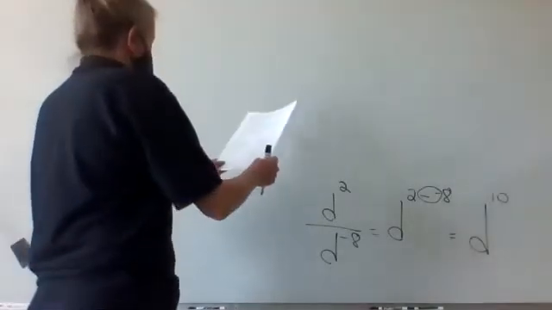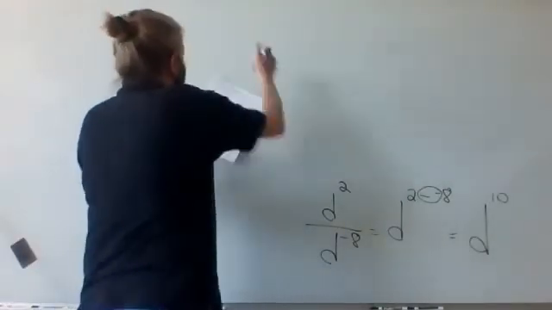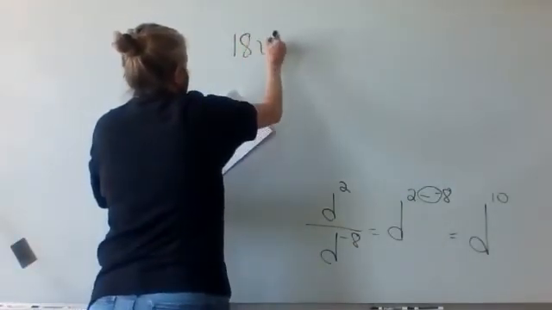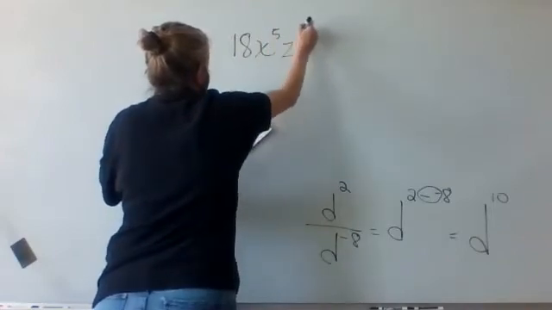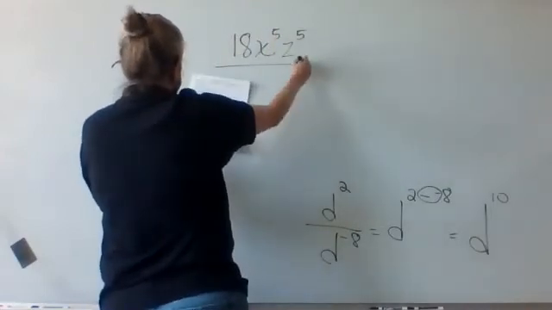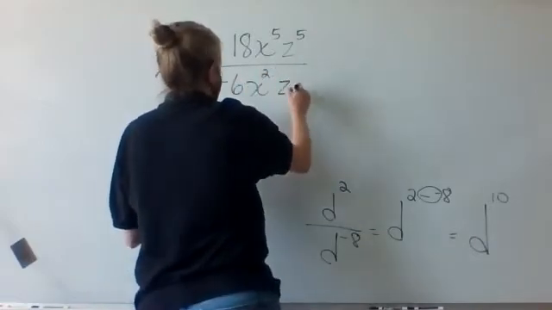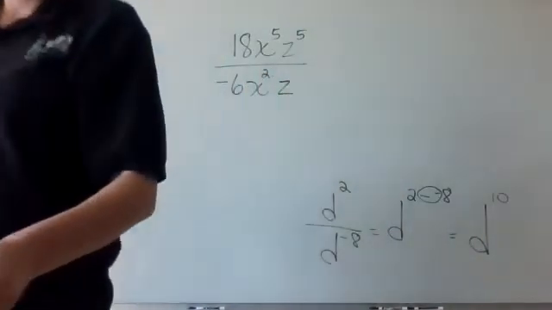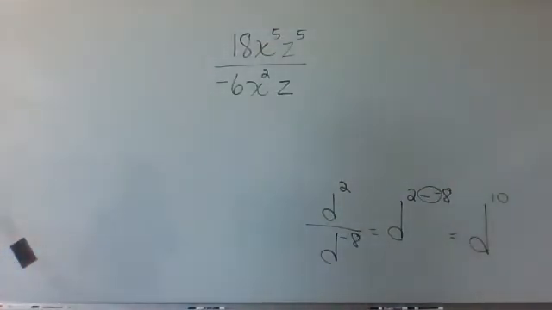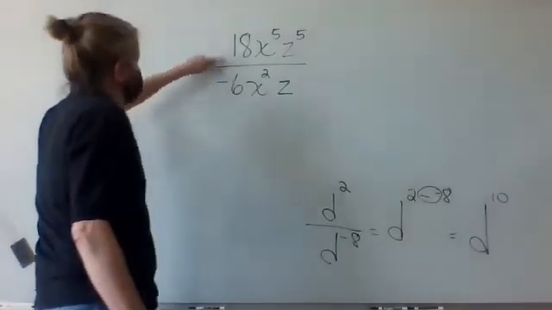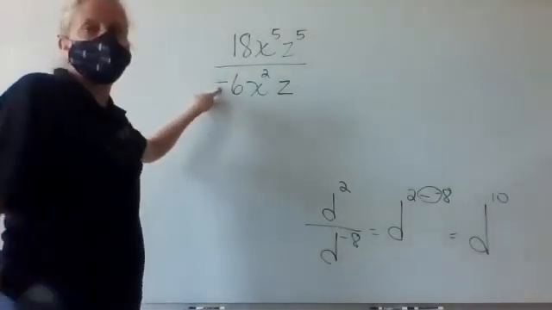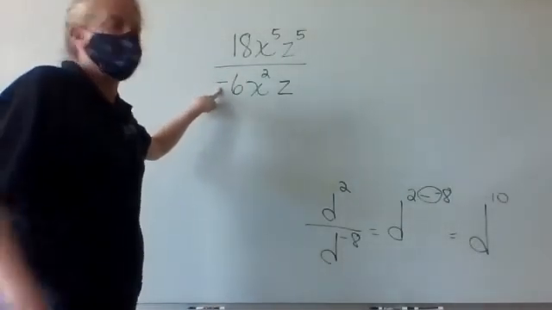Number 8, 18 x to the 5th z to the 5th over negative 6 x squared z. So I'm dividing, just like always, with a fraction. That means you're dividing. 18 divided by negative 6, negative 3.